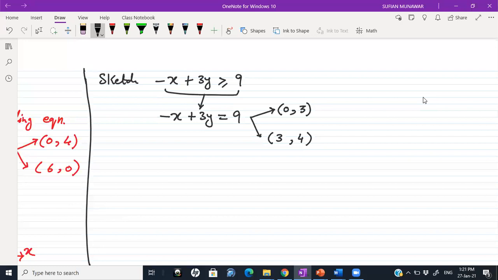It's up to you. If you want a whole number, you have to select such an x so that you get a whole y. Anyhow, we got 2 points. Now we will move to the coordinate system.